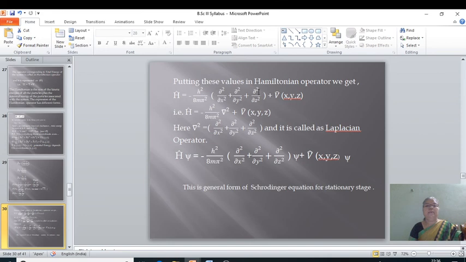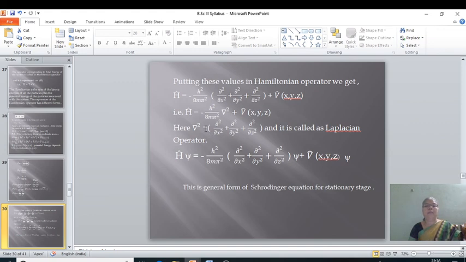That is, we replace this by the Laplacian operator, and we have the equation as Hamiltonian operator equal to minus h square upon 8 pi square m into del square plus the potential energy operator along x comma y comma z.